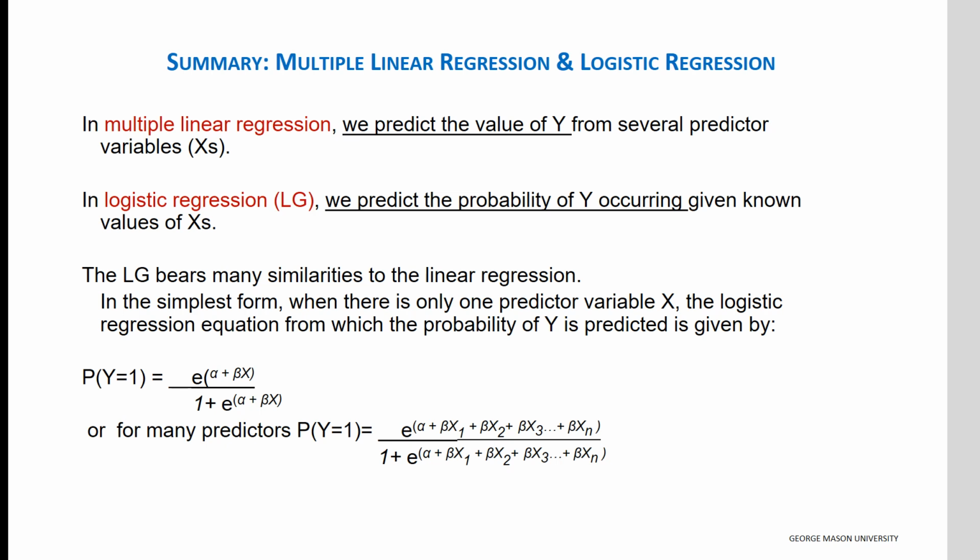So logistic regression bears many similarities to linear regression. In the simplest form, when there is only one predictor variable x, the logistic regression equation from which the probability of y is predicted is given by the formula below. As you can see, the exponent looks very familiar, very similar to multiple linear regression.